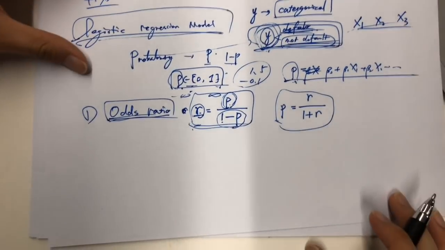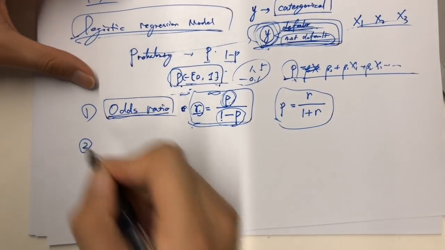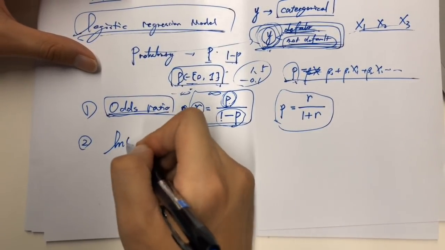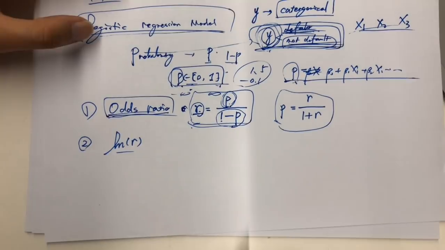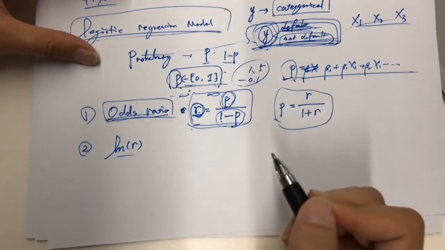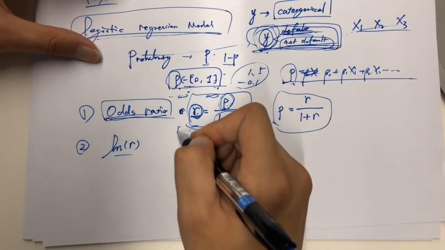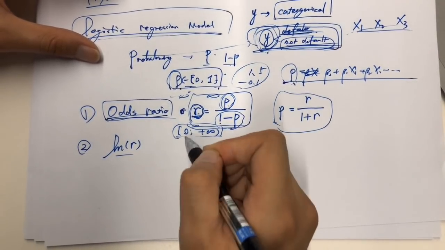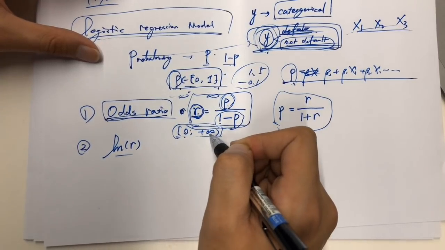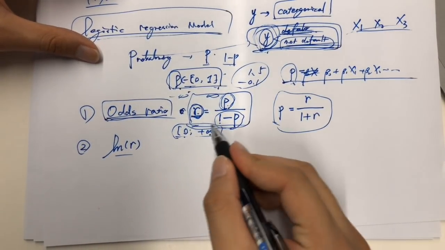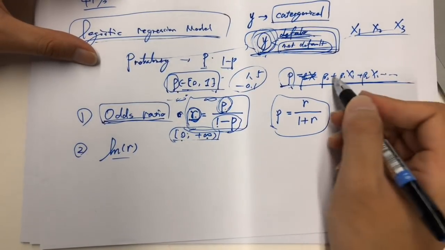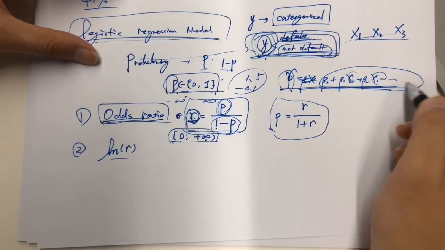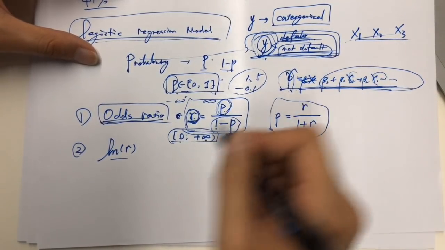Now, when we have the odds ratio, all you need to know is that we construct the log of R to be our dependent variable. Because even though we have R over here, it only extends from 0 to plus infinity, right? So the range of R is 0 to plus infinity. If we use R instead of P with some independent variables, we can still make a prediction that is below 0.